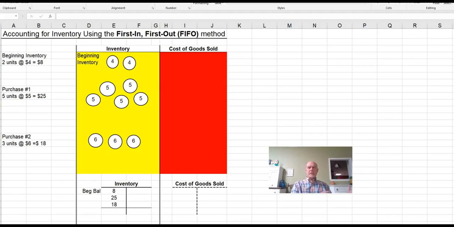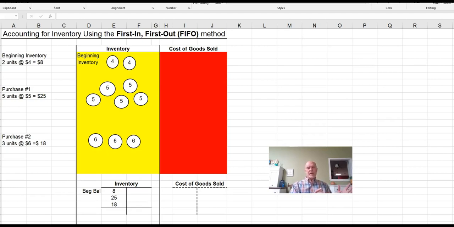And of course, if you're selling milk, you try to push the oldest to the front so the customers will take that. But when you're talking about these durable goods that are constantly flowing in and out, it would be difficult to make sure you knew exactly which one the customer took, and you really don't care.